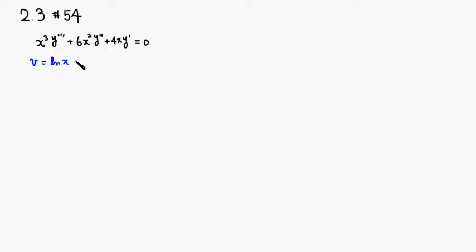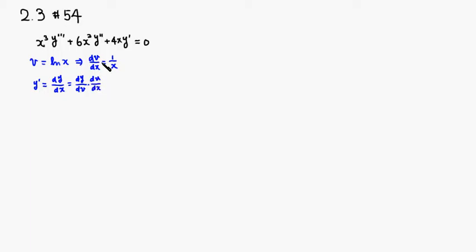First we can take the derivative: dv over dx is equal to 1 over x. Then we can figure out y prime. y prime is dy over dx, but we're going to try to do it with respect to v, so we can write it as dy over dv times dv over dx.